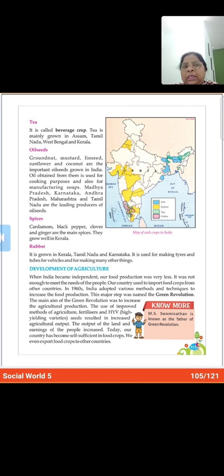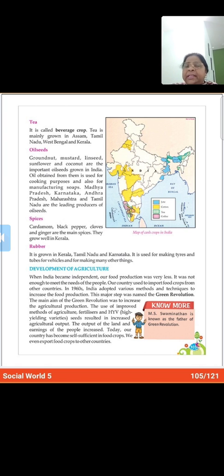Even you put oil in your hair, and just now I told you that hair oil you get from these only. Almond oil you get now, and different moisturizers or creams, they are all oil based. So these are the uses. Please remember the states where they are grown.